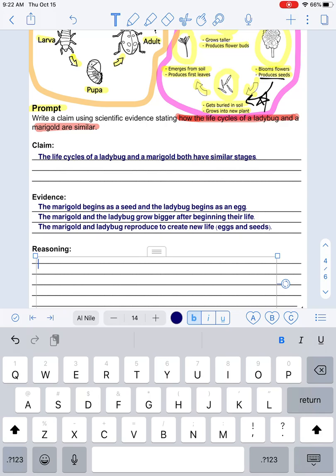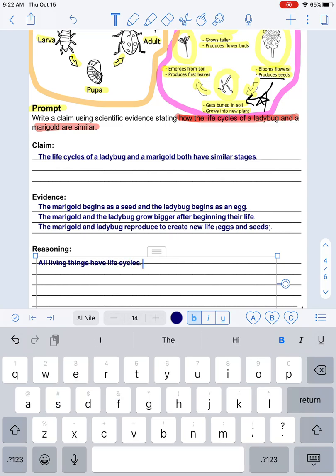So I might start it off by saying that living things have life cycles, and life cycles can have similar stages. So all living things have life cycles. You'll notice I didn't write this above in any of those sections.